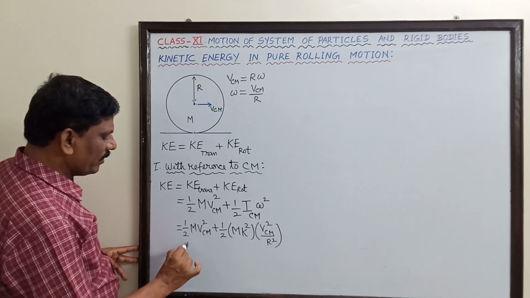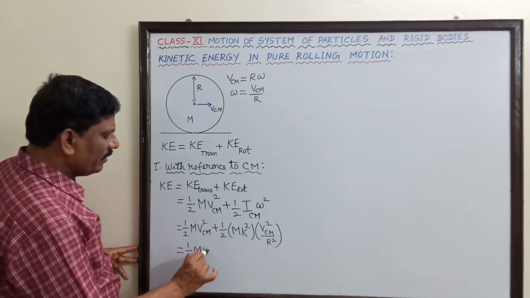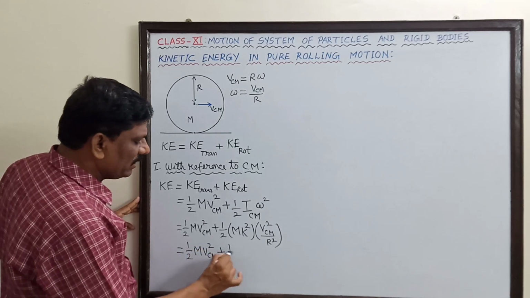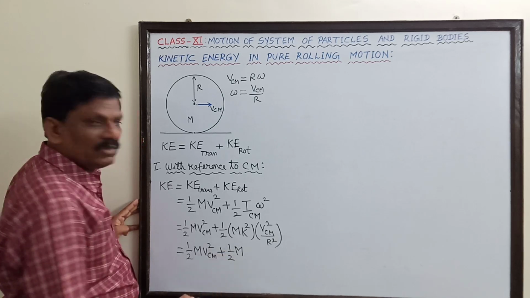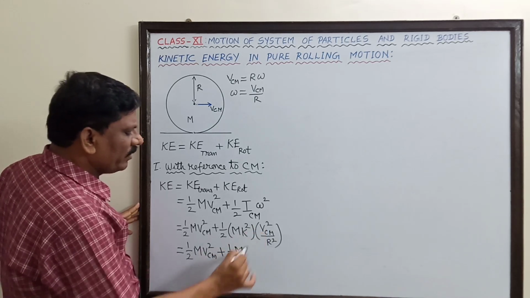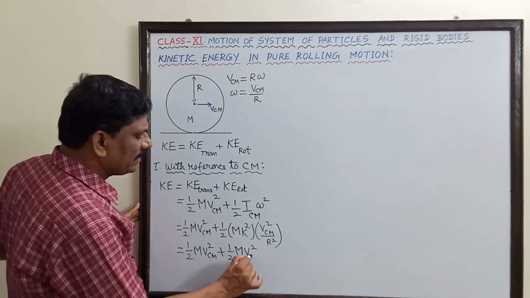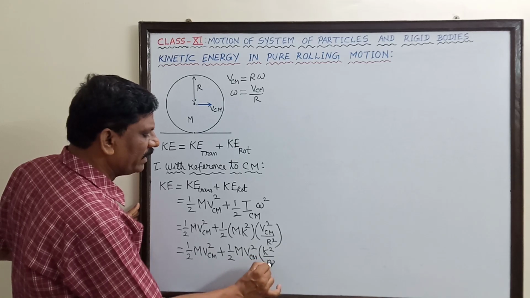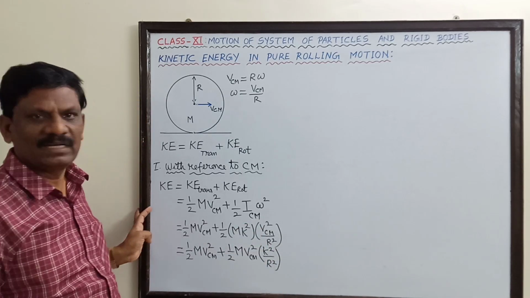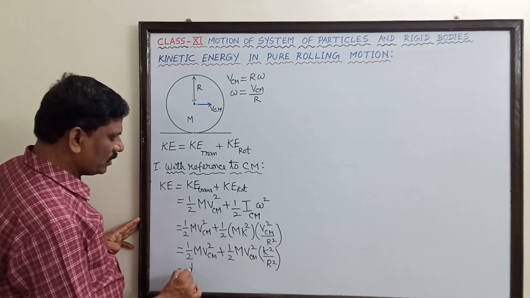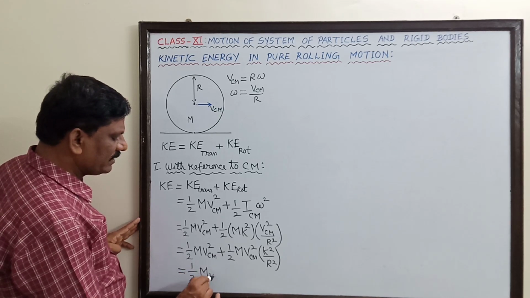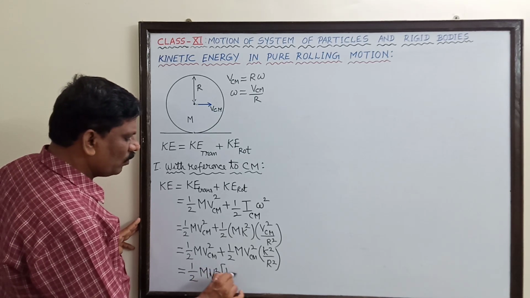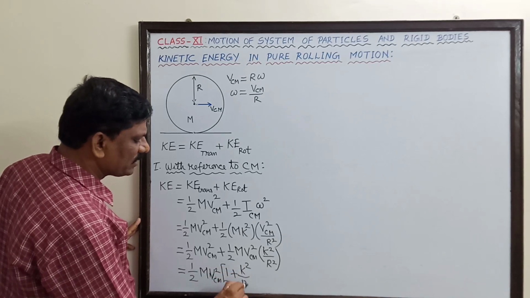Now this is equal to half m V square cm plus half m V square center of mass into k square by R square. So this is now equal to half m V square cm into 1 plus k square by R square.